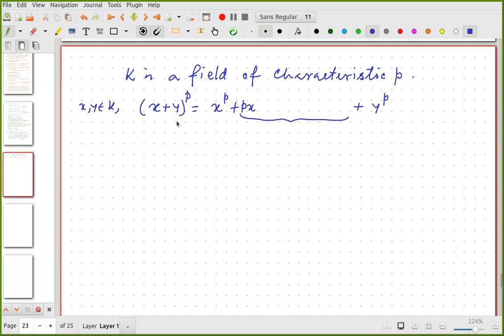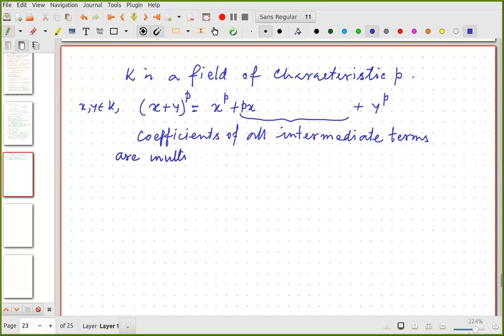If I expand it in binomial, the first term is x to the p, and the last term is y to the p, and it is enough to observe that all the intermediate terms will have coefficients which are multiples of p.